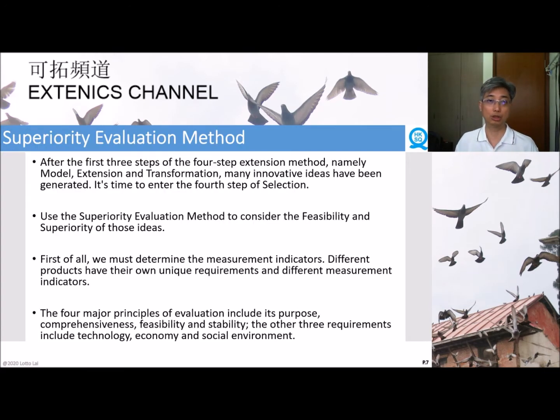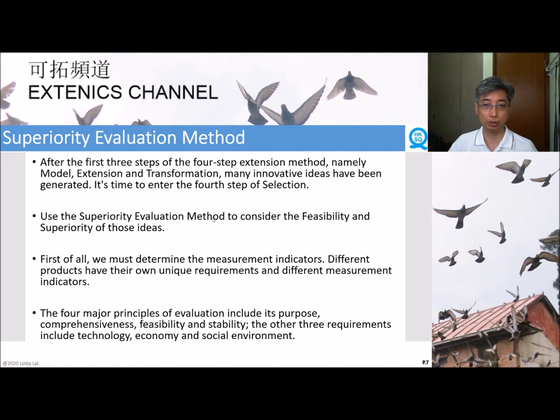So in this superiority evaluation method, after the first three or four steps of the extension method, namely modeling, extension, and transformation, many innovative ideas have been generated. It is time to enter the last step, called selection.